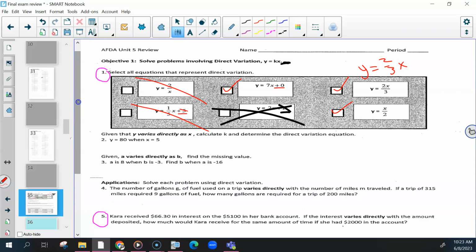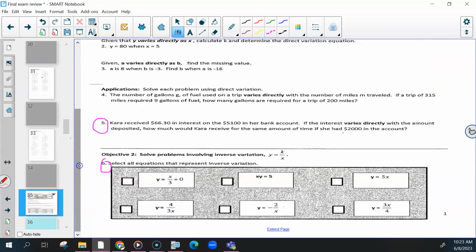Any others in this section? So 2 through 5. For this, you're given 2 numbers. Find the part where it says varies directly, varies proportionally, something. Whatever comes first is y.